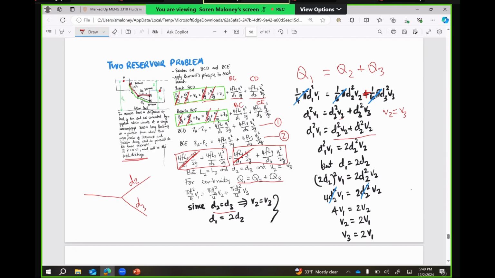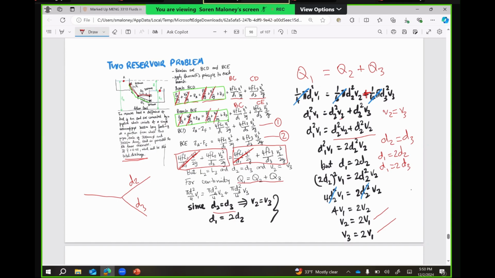So we end up with an expression, and we know that D1 is equal to twice D2, and D1 is also equal to twice D3. And you know that D2 is equal to D3. So we can simplify and get expressions for V2 and V3. So V2 is twice V1, V3 is twice V1.